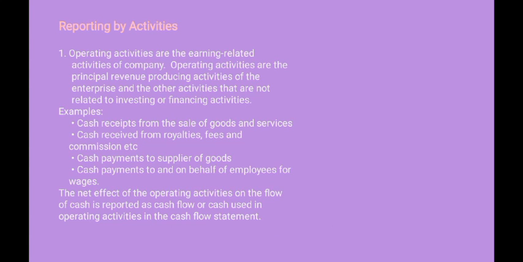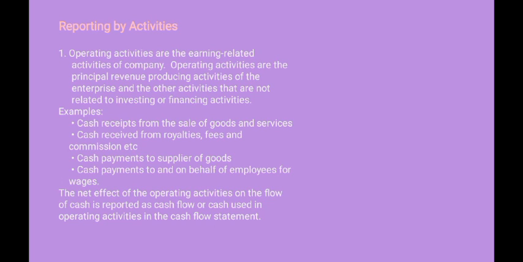Okay, this is the reporting by activities of the statement of cash flows. The first is operating activities. Those are the earning-related activities of a company and the principal revenue-producing activities of the enterprise, and other activities that are not related to investing or financing activities.